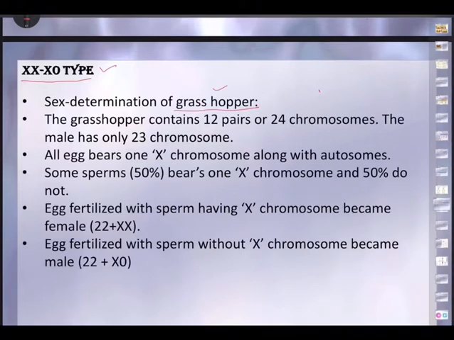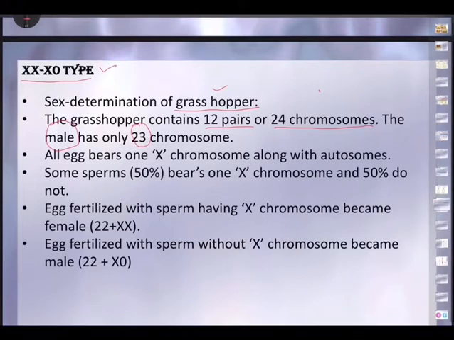As such, we will also discuss once again, just to help your memory, human beings also. The influence of the X chromosome can be best described through sex determination in the grasshopper. In the grasshopper there will be 12 pairs of chromosomes, so 12 into 2, 24 chromosomes.